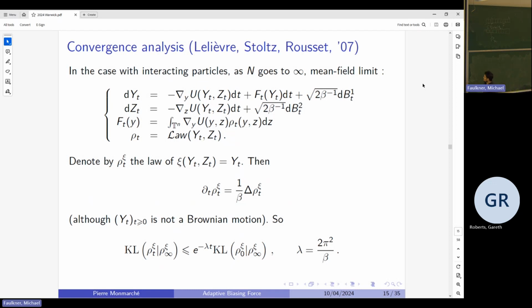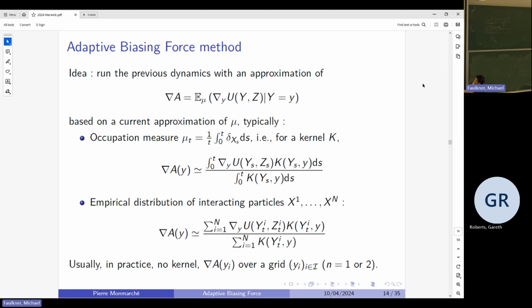So let's look at this work by Lelièvre, Stolz, and Rousset. What they say is, let's take this mean field approximation, and we let the number of particles go to infinity while sending the kernel K to a Dirac mass. So you think of K depending on the number of particles, with some epsilon_n here.